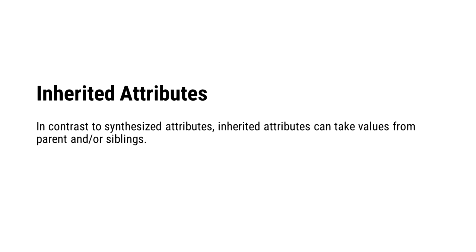Consider again the same production S gives ABC. If it is an inherited attribute, A can get values from S, B, and also C. Similarly, B can take values from S, A, and C. Likewise, C can take values from S, A, and B. So basically, inherited attributes can take attribute values from either the parent or its siblings.